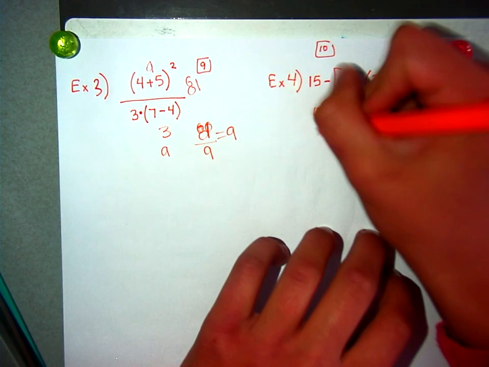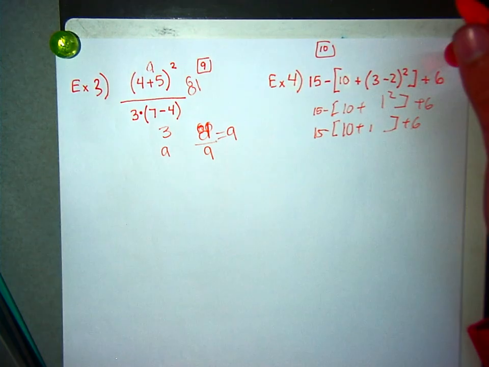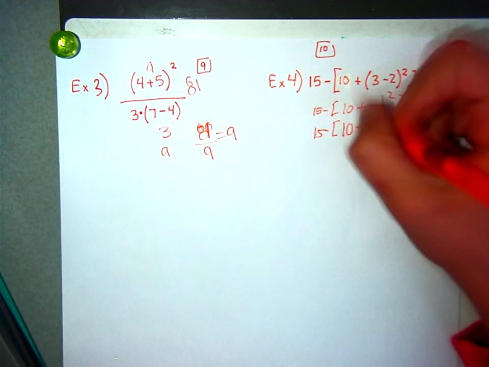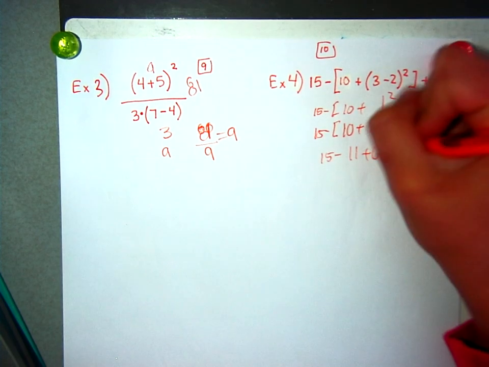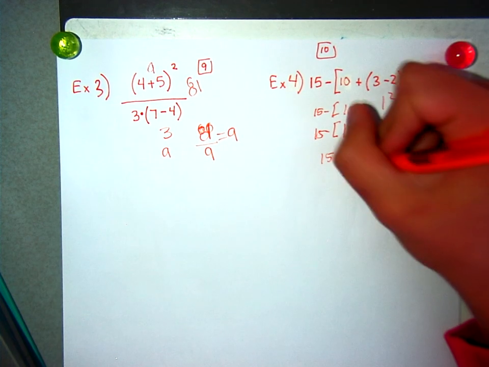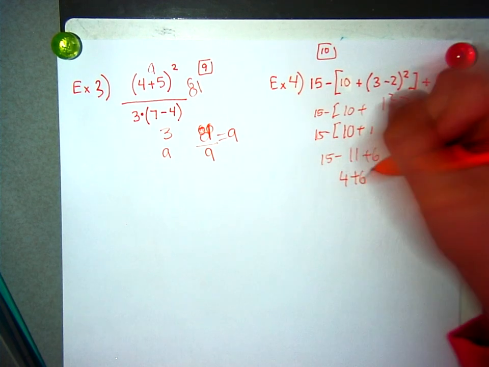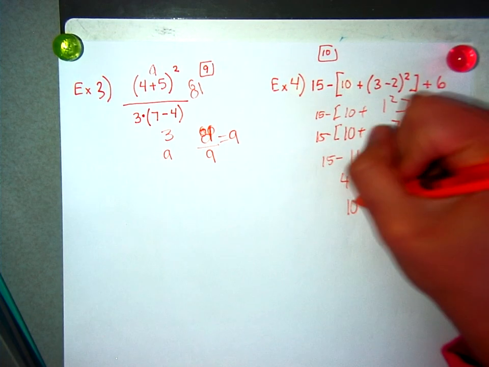Okay, then you gotta do 10 plus 1, which equals 11. And then you got to do the 15 minus 11, which equals 4. And then you do 4 plus 6, which equals 10. And then that's the answer.